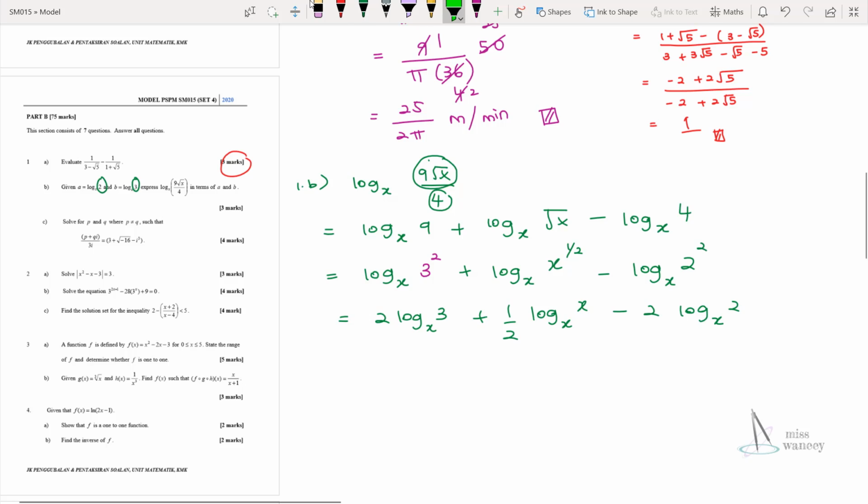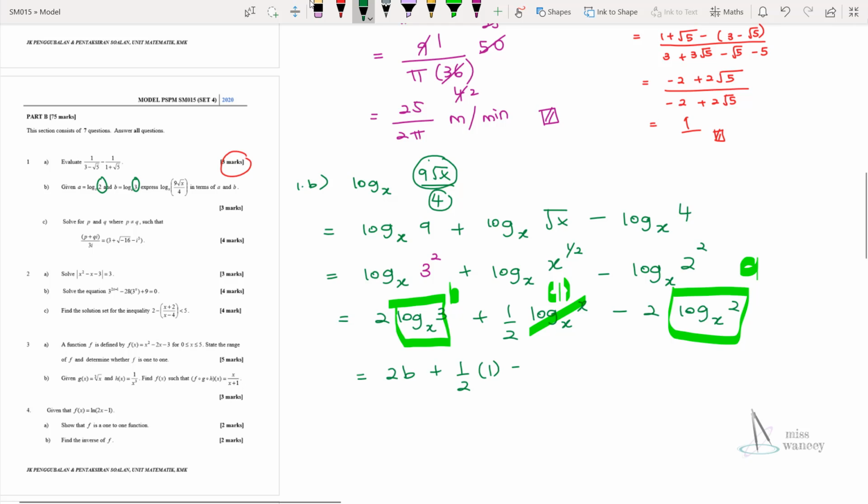Of course, I do know these values. log_x 3 is equal to b, and log_x 2 is equal to a. log_x x, I'm sure you know, is equal to 1. So what we have is 2b plus half multiplied by 1 minus 2 times a. So I have half minus 2a plus 2b. Right, so done with this.